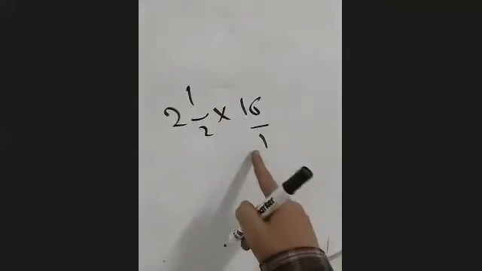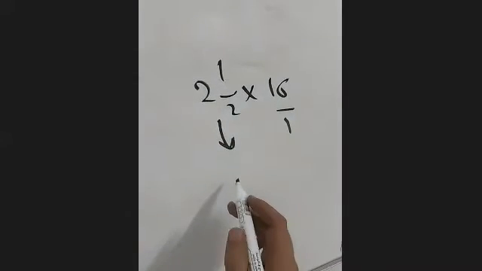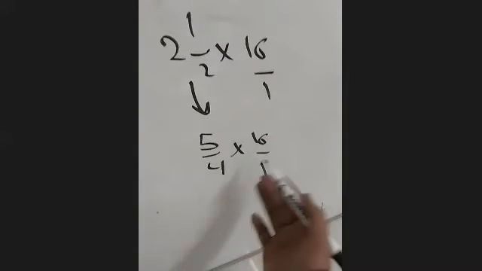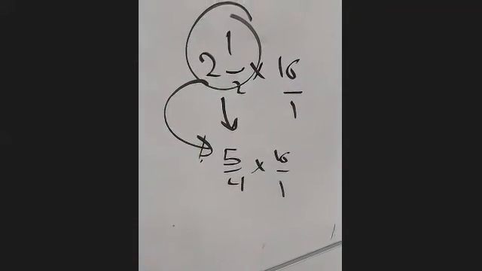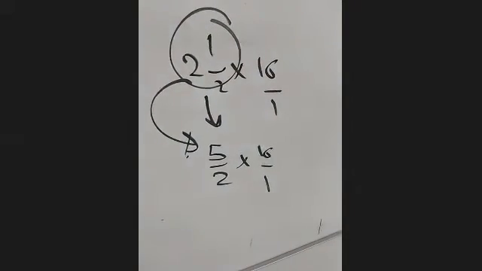We make this over 1 and turn this to a fraction. 2 times 2 plus 1, 5 over 4, multiply 16 over 1. Why did you make it 5 over 4? Because we are turning this mixed number to a fraction. We should use the same denominator, over 2. I'm sorry, I made a mistake. So you know how to turn it to a fraction and multiply? Yes, sorry. So what's the problem?